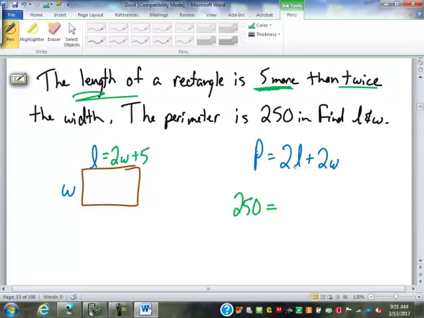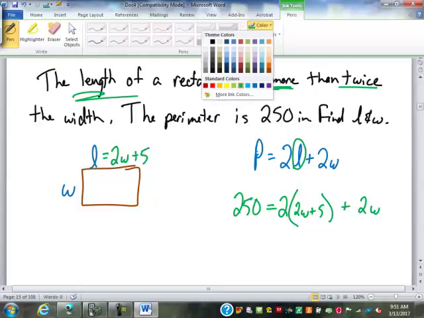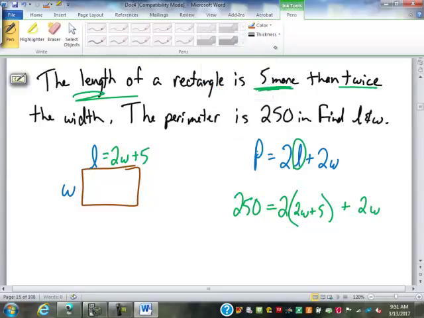So now over here, L is going to get replaced with 2W plus 5. So we've got 2 times, instead of L, I'm going to put in 2W plus 5. And still plus the 2W out there. So what do I combine first? Okay, 2 times 2W is 4W.